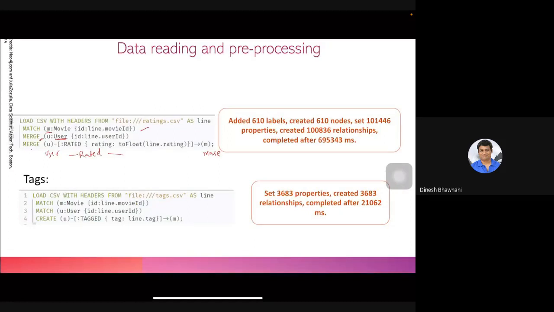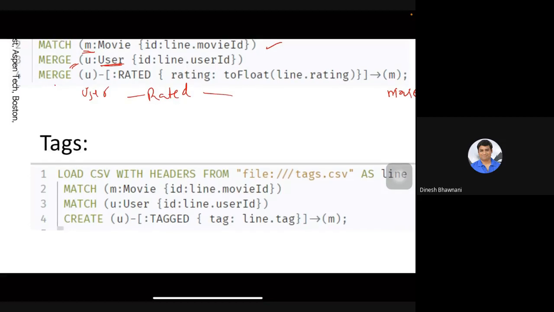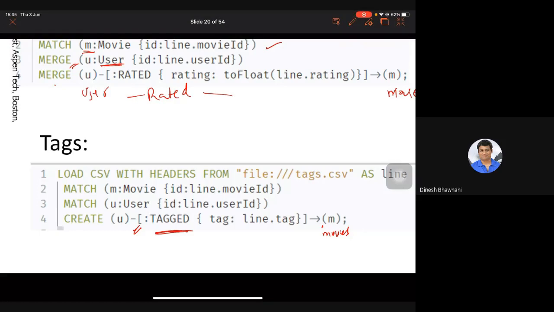Similarly, you can do it with tags also. Match movie, recalling all the movies that are already entered in the database. Then you again match user also. Then you say user tagged the movies. So you are creating this directional relationship.